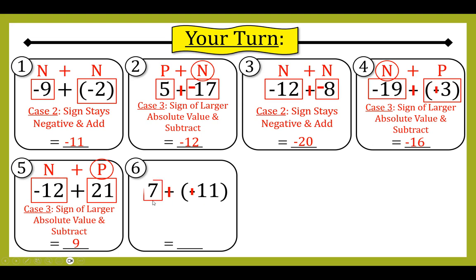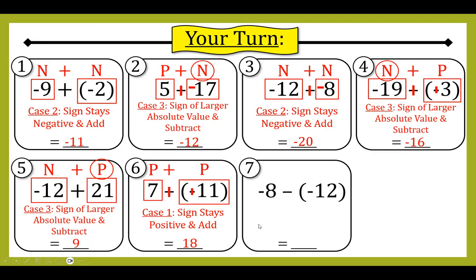So here I have +7. I also have +11. So this is your first problem where I have a positive plus a positive. So this is case number 1. The sign stays positive and add. So again, it's positive. 7 plus 11 I know is 18. So again, my answer is positive 18.